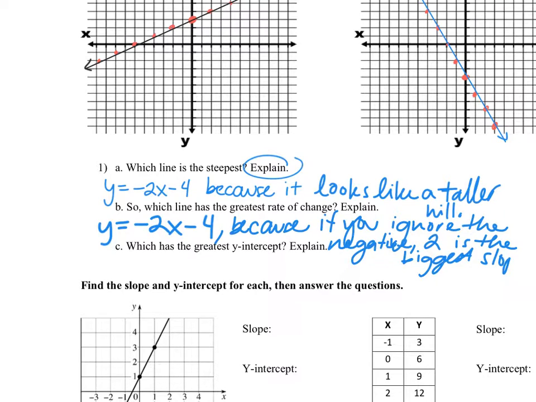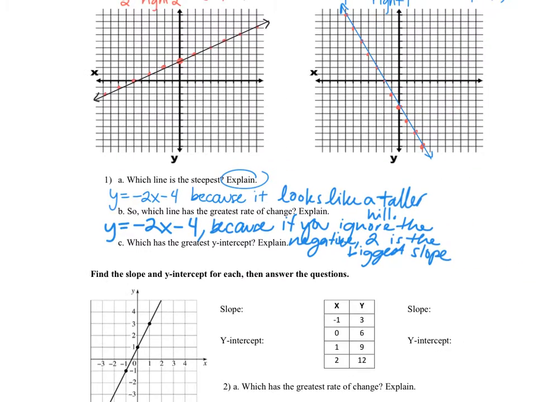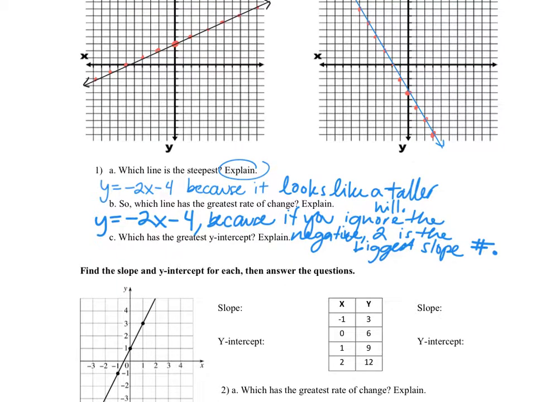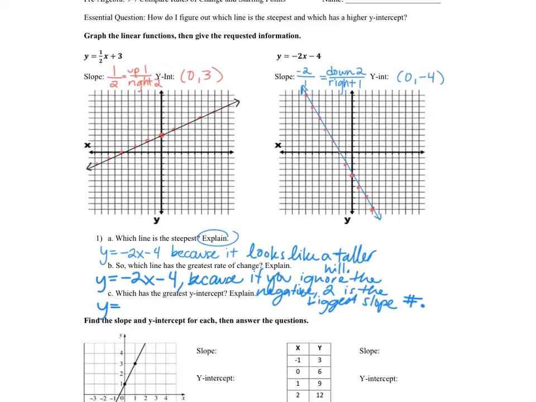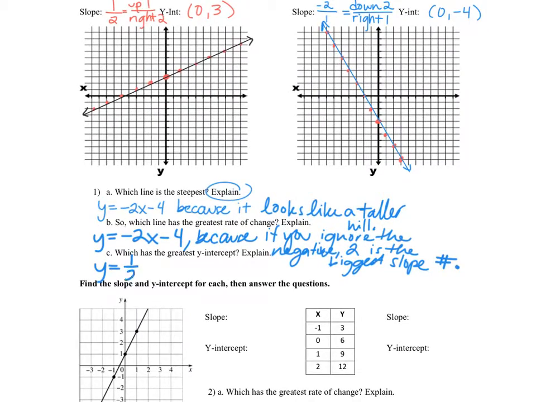So we're looking at the number that we had for slope. You had 2, if you ignore the negative, and 1/2. 2 is a greater number, so it's the bigger slope. Yeah. So which one is greater y-intercept? That would be y equals 1/2 x plus 3, because 3 is greater than -4. So it's not rocket science.